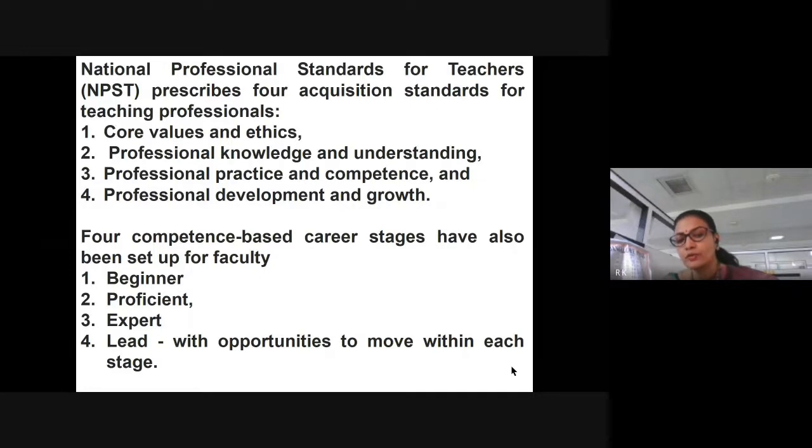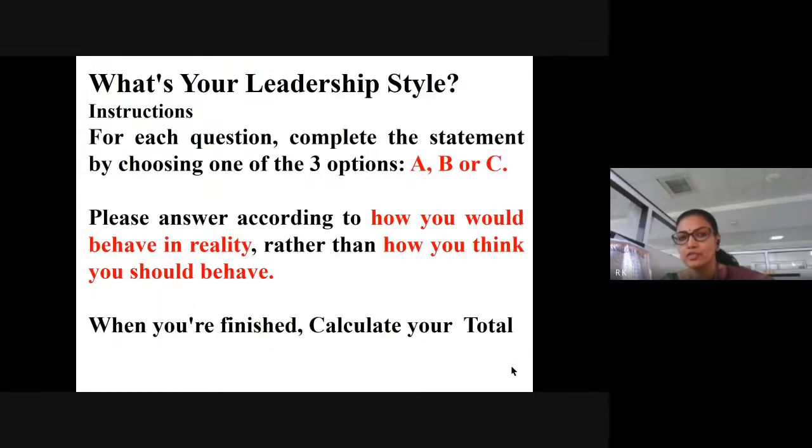And also, there are four competence-based career stages we go through as a teacher. We all undergo the four stages. One is the beginner stage, another one is the proficient stage, then they become the expert, and the last stage is the lead. We lead the other members with the opportunities to move within each stage.